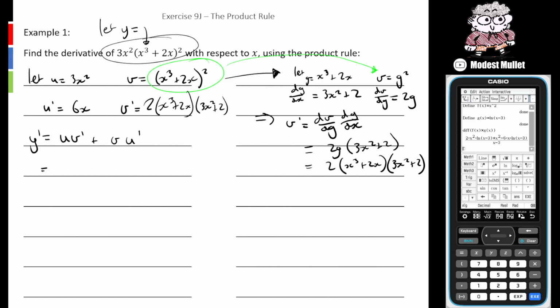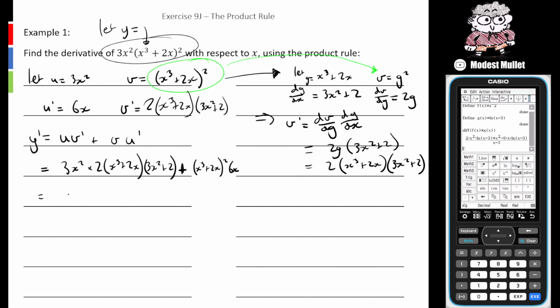That's the product rule, which will be equal to 3x squared times 2 times x cubed plus 2x times 3x squared plus 2, plus v, which is x cubed plus 2x all squared, times u dash, which is 6x.